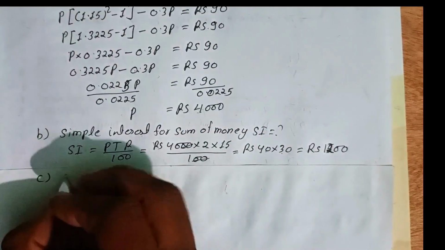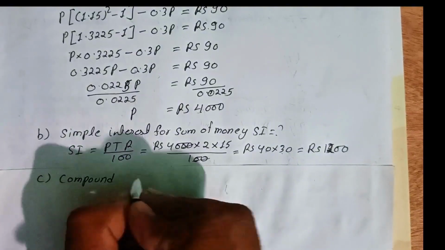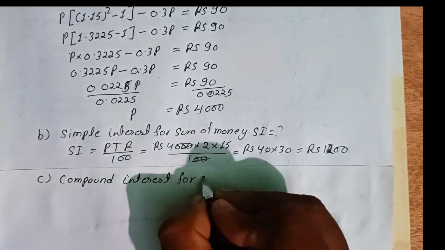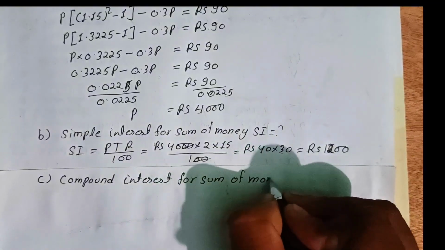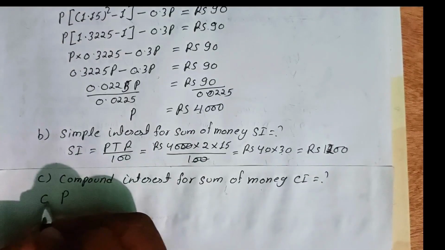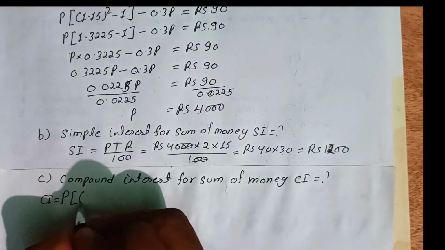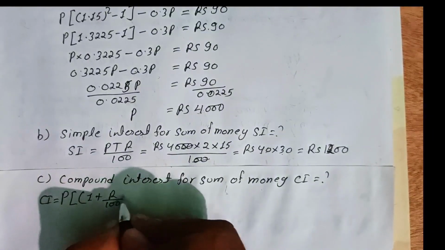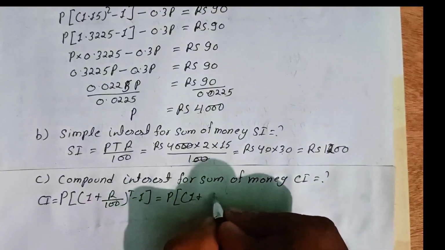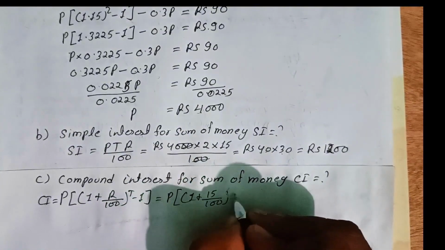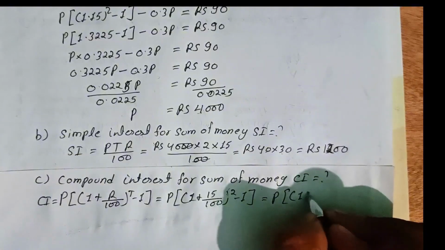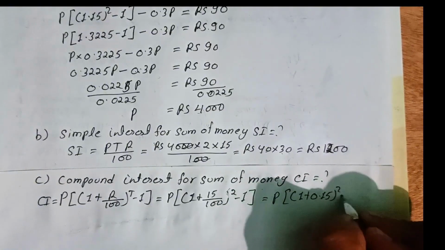Now in section C, we have to find the compound interest for the sum of money. CI is the formula P times 1 plus R upon 100 to the power T minus 1, so it comes as P times (1 plus 15 upon 100) to the power 2 minus 1, that is equal to P times (1 plus 0.15) square minus 1.